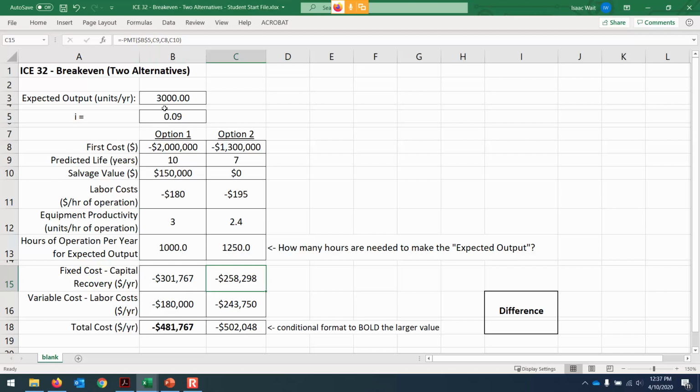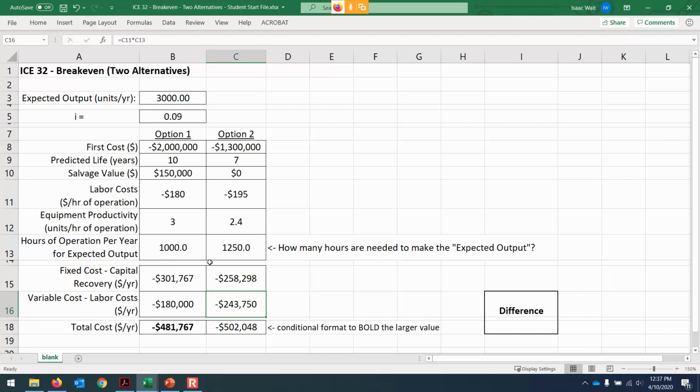Now we're making 3,000 units per year, so what changes is the number of hours per year that you have to operate this equipment. If you're operating it for 1,000 hours, and each hour of operation costs $180, you'll notice our variable costs are only $180,000 for option 1. But option 2 is much more expensive to operate because it requires 1,250 hours of operation to make the same number of units.